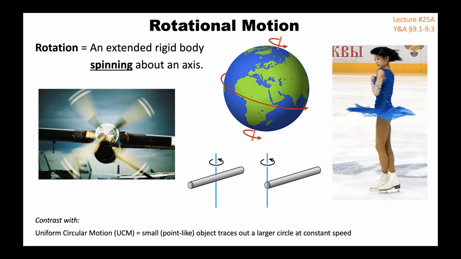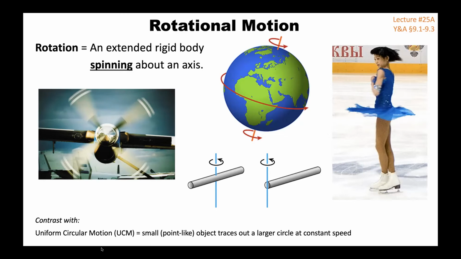So we think about, for example, the Earth going around the sun, where the size of the Earth's orbit is much bigger than the Earth. Or we think of an object tied at the end of a string and you're swinging it around in a circle that's much bigger than the object itself. So here, instead, we have an object that's relatively large, and we think of it spinning on its own axis instead of spinning through space around some other axis.